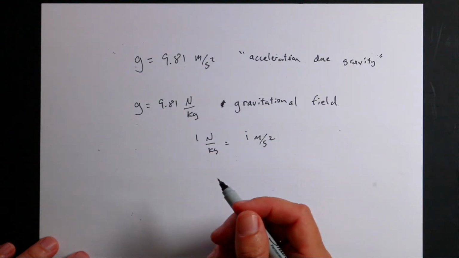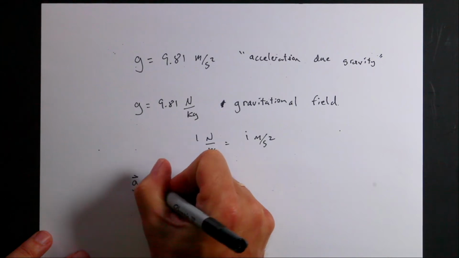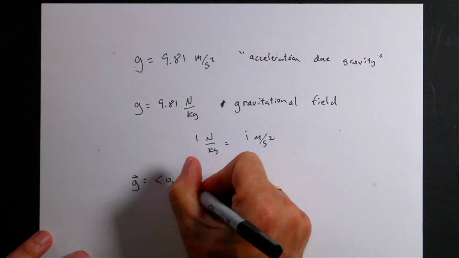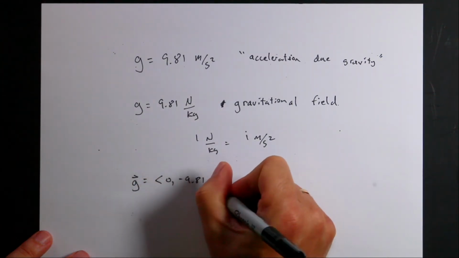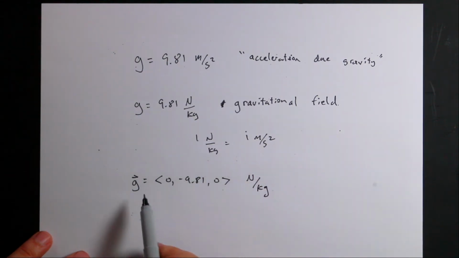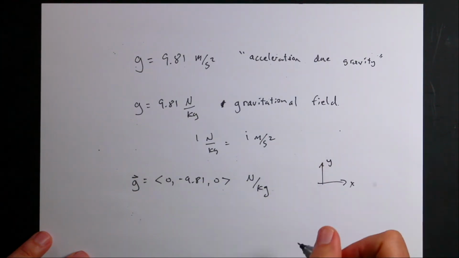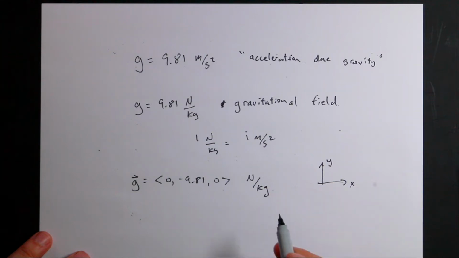Now, there's an even better way to write this. g equals 0, negative 9.81, 0 newtons per kilogram. This writes the gravitational field vector, assuming this is the x-axis and the y-axis is going up, and then z would be out of the page, but that's fine.